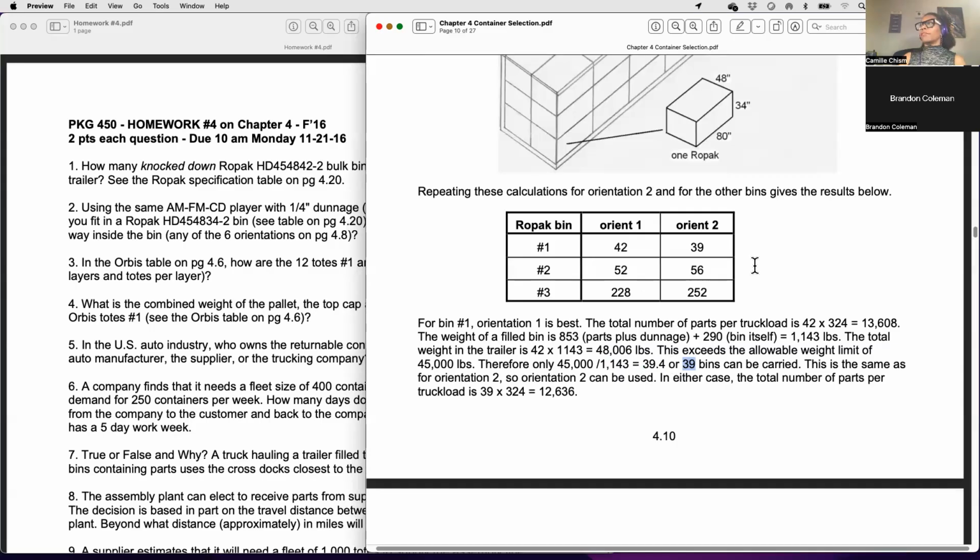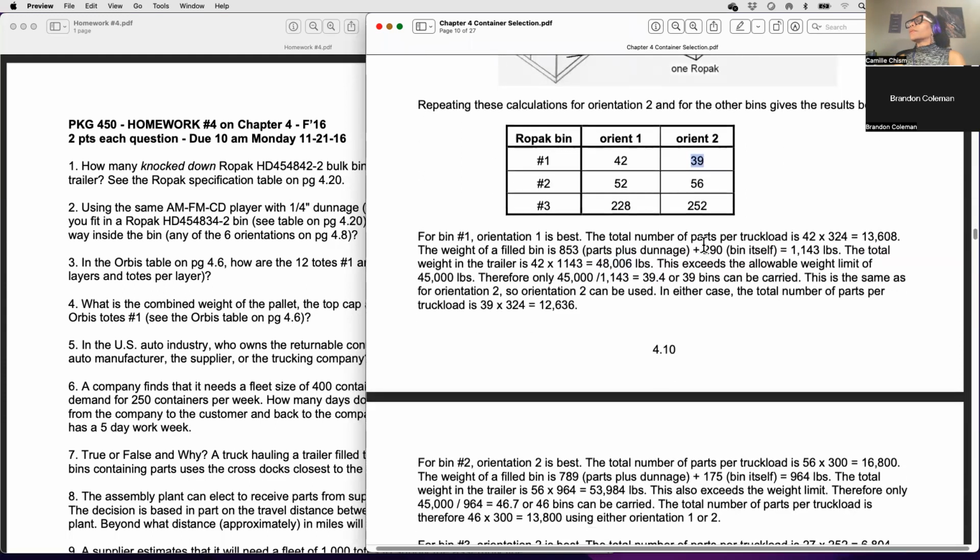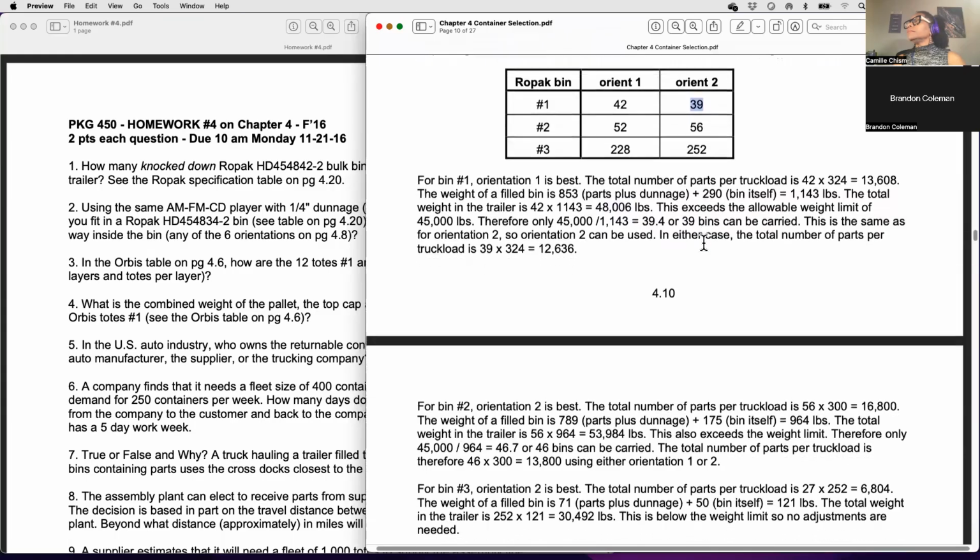So looking at this orientation, we multiply 39 bins per trailer times 1,143 pounds per bin, and we get 44,577. So we're under the 45,000 pound weight limit. Barely, we made it.